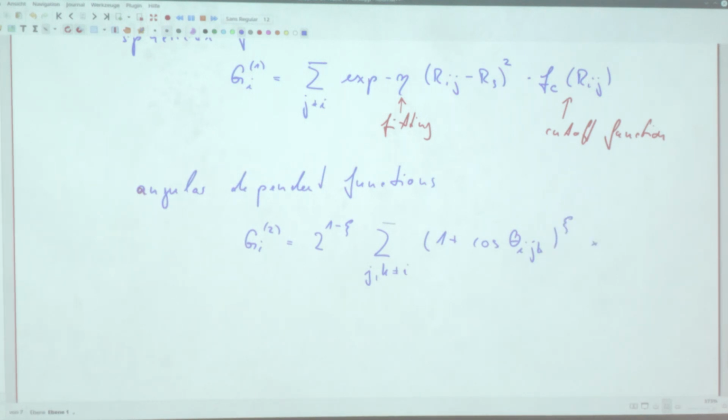Times again such a Gaussian. K squared plus R JK squared, and again times cutoff functions.